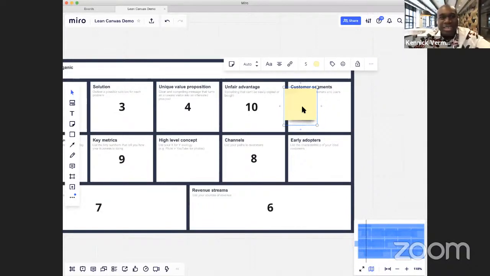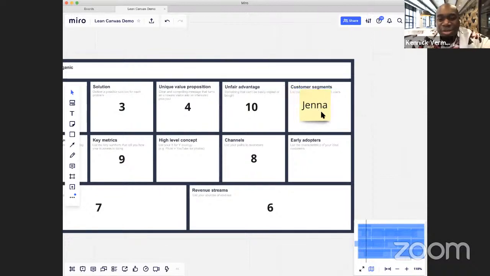And because of that, she's not really going to get her kids ice cream, even though her kids are screaming at her saying, "Mommy, mommy, I want ice cream." So an organic ice cream truck would definitely help her. So during this portion, what we would do is create a customer persona, and let's call her Jenna.